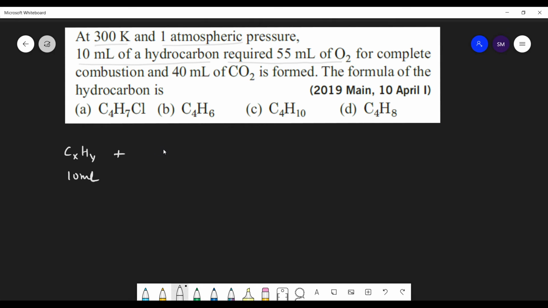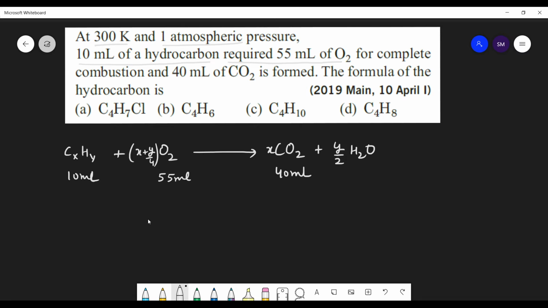So 55 ml of oxygen for complete combustion, and it gives you carbon dioxide. How much? 40 ml. So let us balance this equation. What will come here? X plus y by 4. What comes here? X, and here y by 2 H2O.